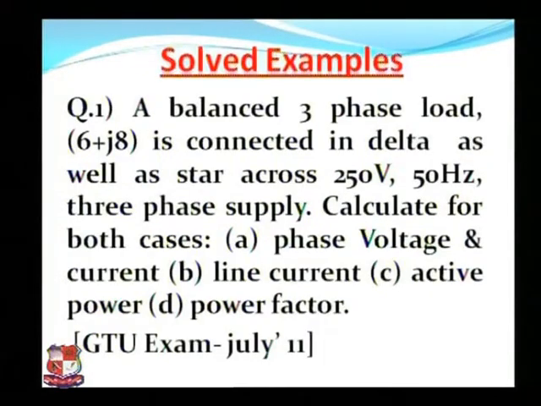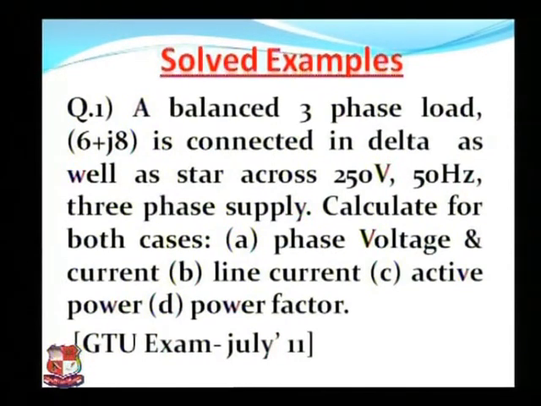These are the solved examples. Let us quickly go through some examples which can be useful for you to find out how star delta connections are solved. Question number 1: a balanced 3-phase load. Keep in mind they told you it is a balanced 3-phase load.